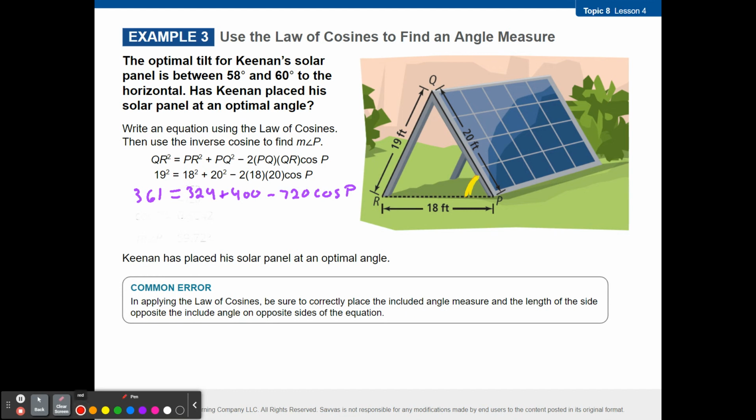But here is one thing you can do. You can subtract the 324 and the 400 from each side. Now someone tell me 361 minus 324 minus 400. It'll be negative, and that is fine. Negative 363.